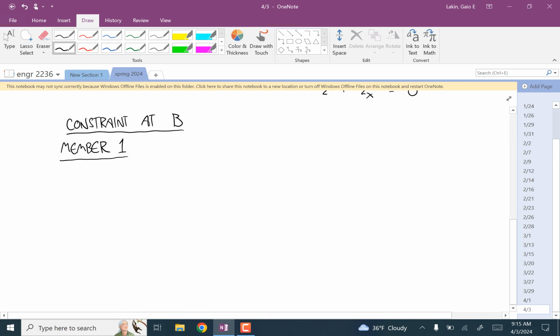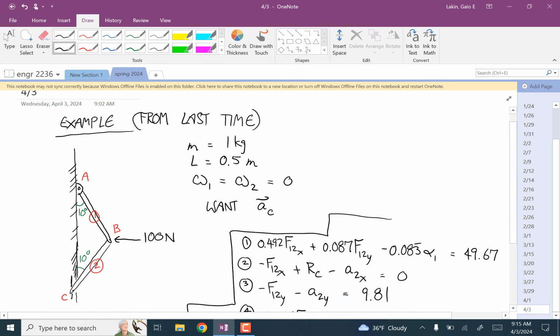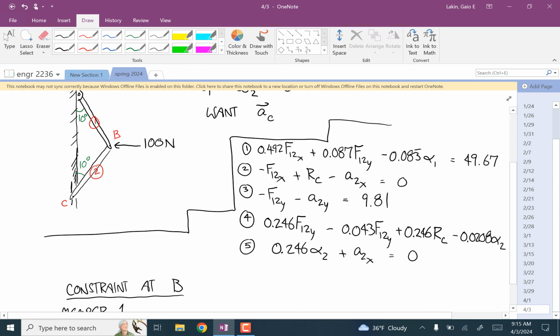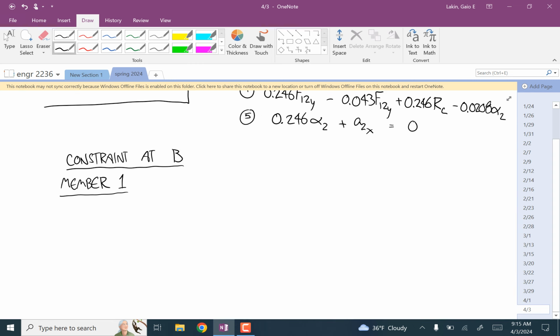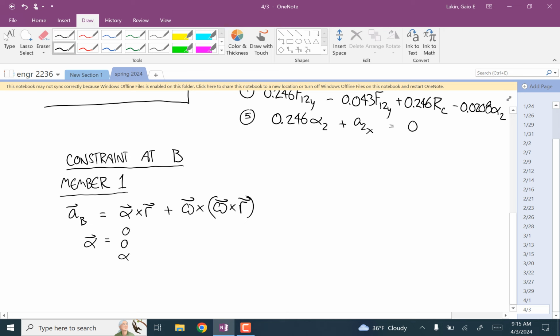So this one has a fixed point. We're talking about this top member. And so that acceleration is just going to be circular motion. So the acceleration at B is equal to alpha cross R plus omega cross quantity omega cross R. Alpha is 0, 0, alpha 1.